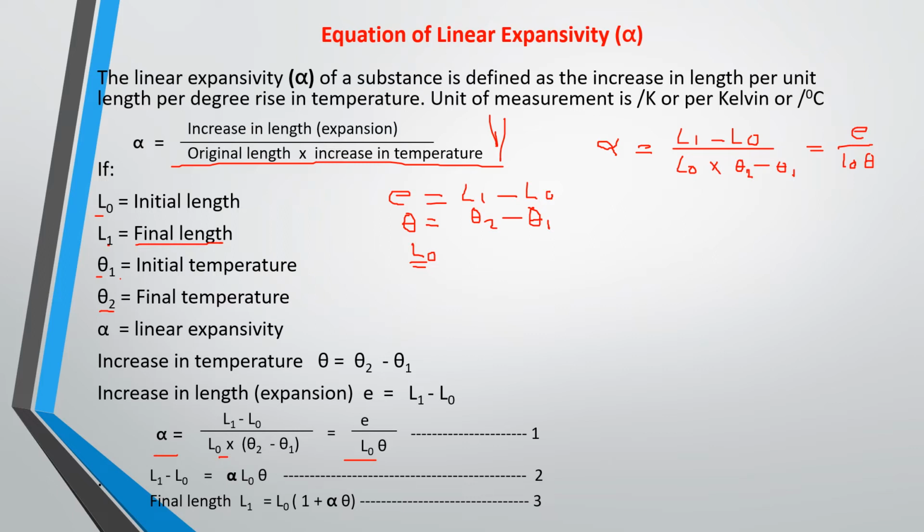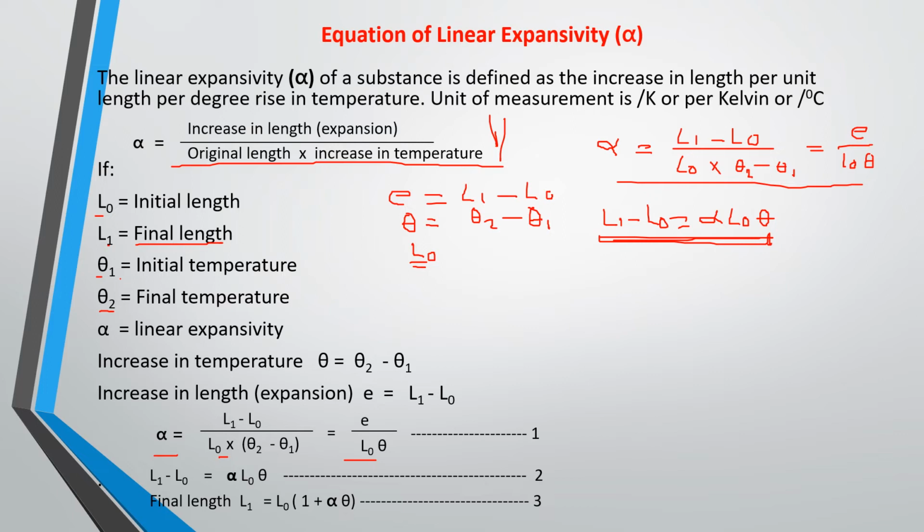We can also write this as L1 minus L0 is equal to the linear expansivity times original length times temperature change. With this equation now we can find the expansion of a particular material, because L1 minus L0 is equal to expansion.